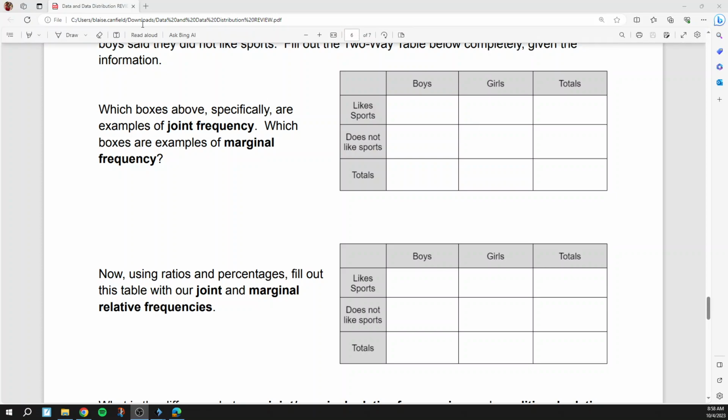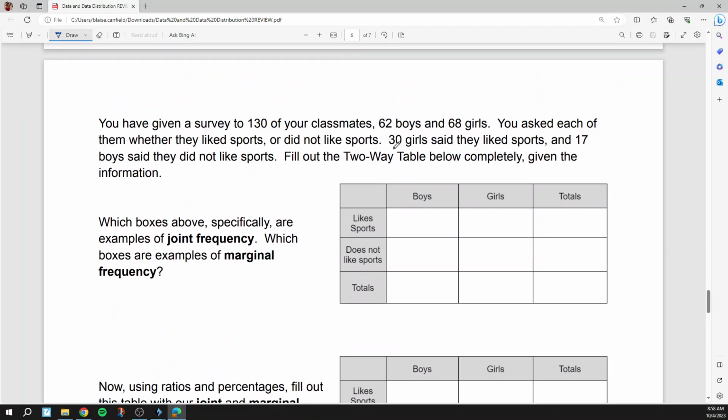Hey, I'm back. I got to refill in the numbers. So we said there were 130 total. We said it was 62 boys, 68 girls. We said 30 girls said they liked sports, which means if we subtract those, 38 girls do not like sports. 17 boys said they did not like sports.